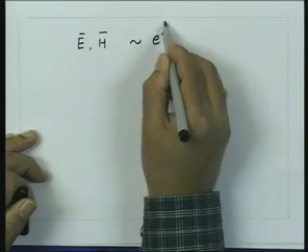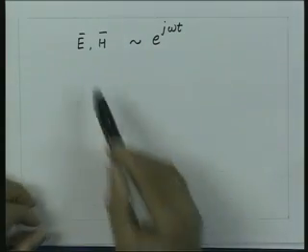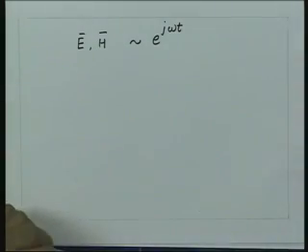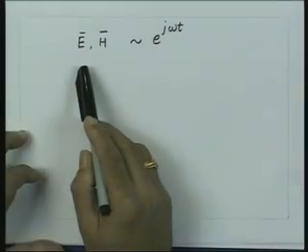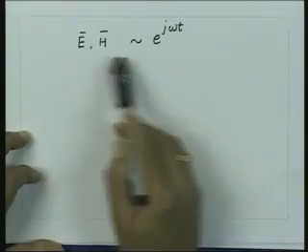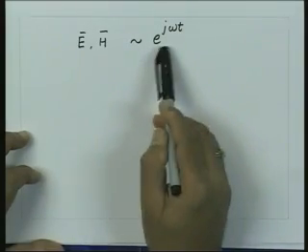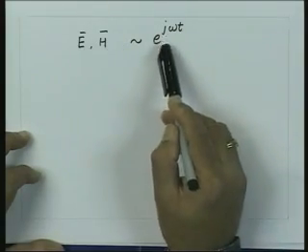So, E and H both vary as a function of time as e to the power j omega t, where omega is the angular frequency of the electric and magnetic fields. For this time harmonic field, the time derivative will be multiplying this quantity by j omega.